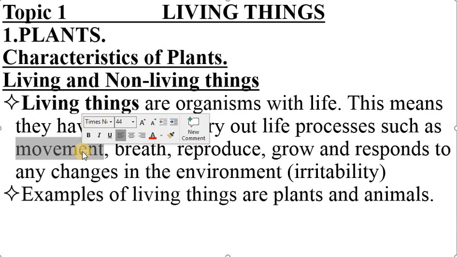Although we also have some living things that do not actually move so much, and we also have non-living things that can move. Like if somebody asks you, is a car, an aeroplane, or a ship, or a bus a living thing? Because the teacher has said living things move.